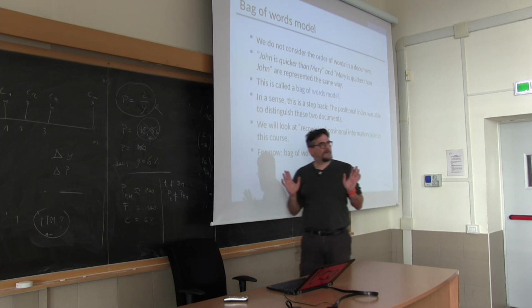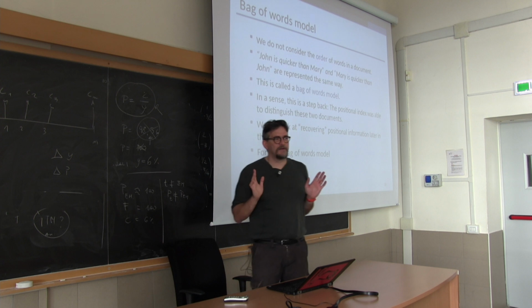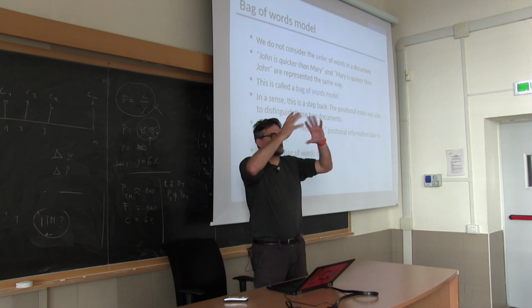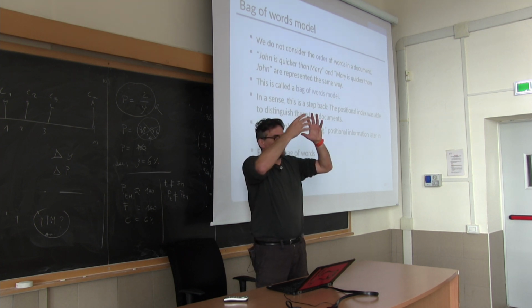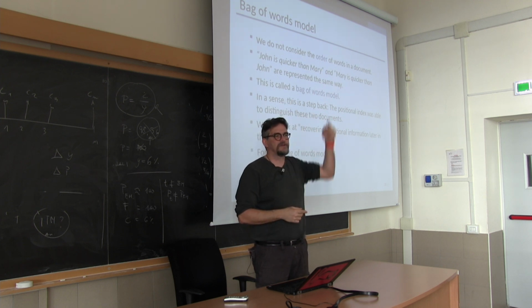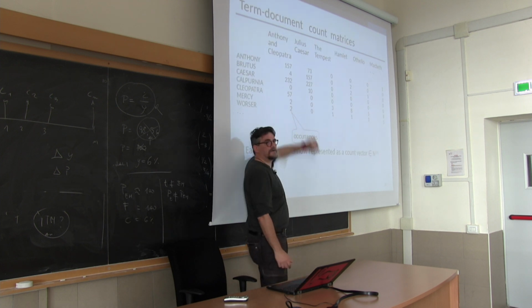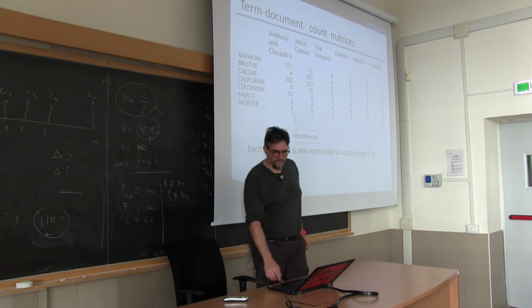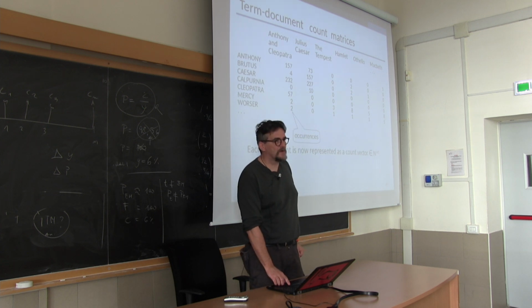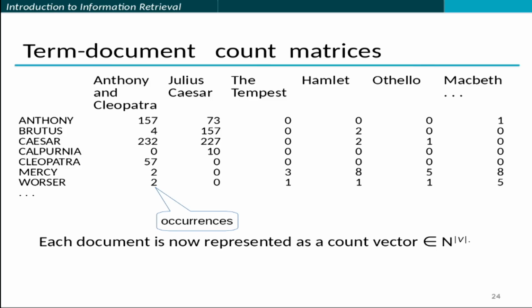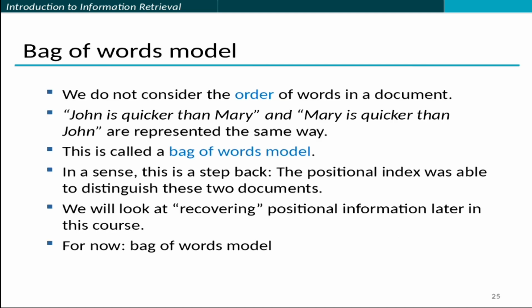So is the bag of words model clear? I take a document, I take the frequency of the terms in the document, and I simply list the terms with their frequencies. This column is the bag of words because we do not take into consideration the order in which terms appear.